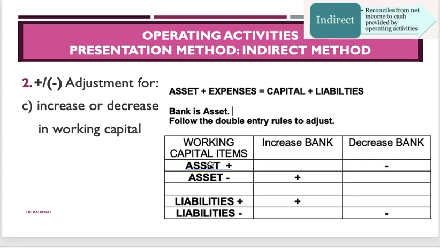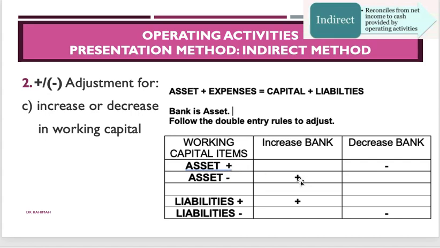So you have to see what the item in the working capital is. For example, if the item is an asset, an example is trade receivable. We are in the indirect method. Trade receivable is an asset. So what happened to the trade receivable? Is it increased? If the trade receivable increases, then what happens to the bank?